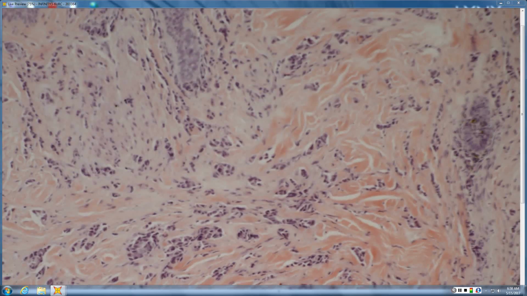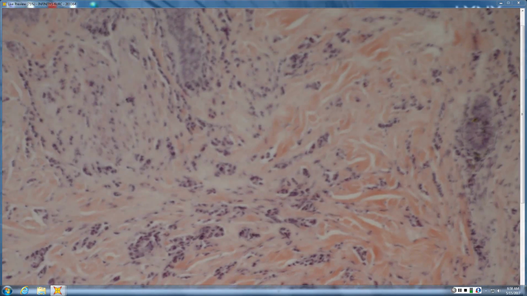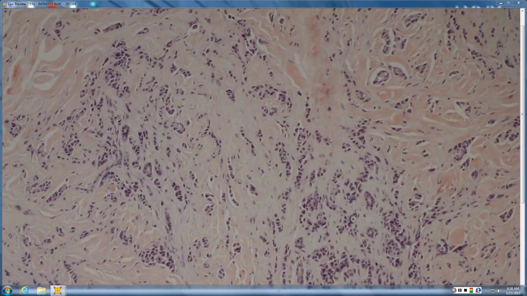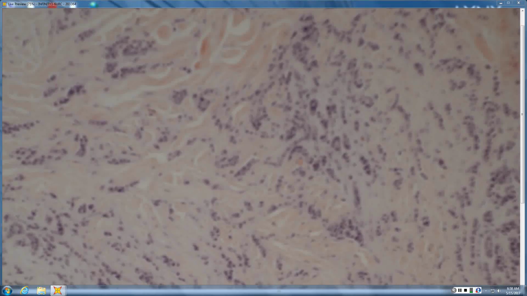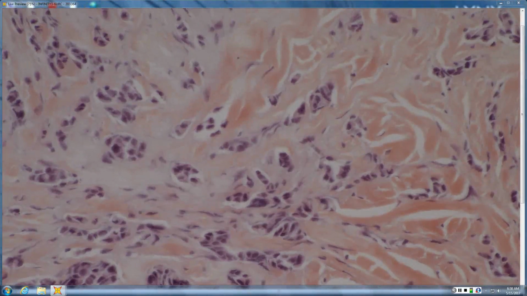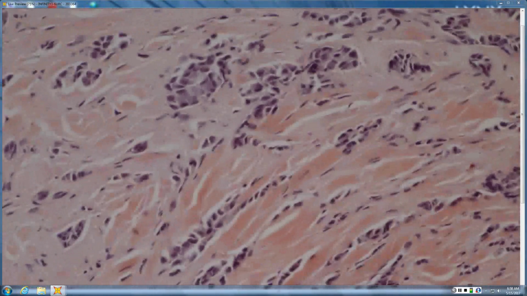And this is a good one where you can really make out the single file in many of these locations, or many areas in this biopsy. So kind of the Indian filing, or Native American filing. There is a little bit of maybe increased sclerotic collagen.